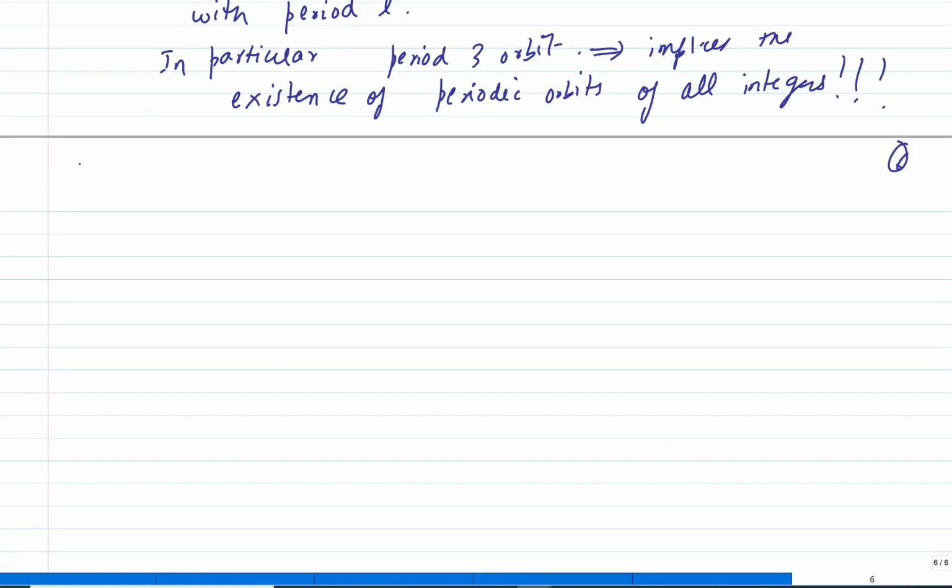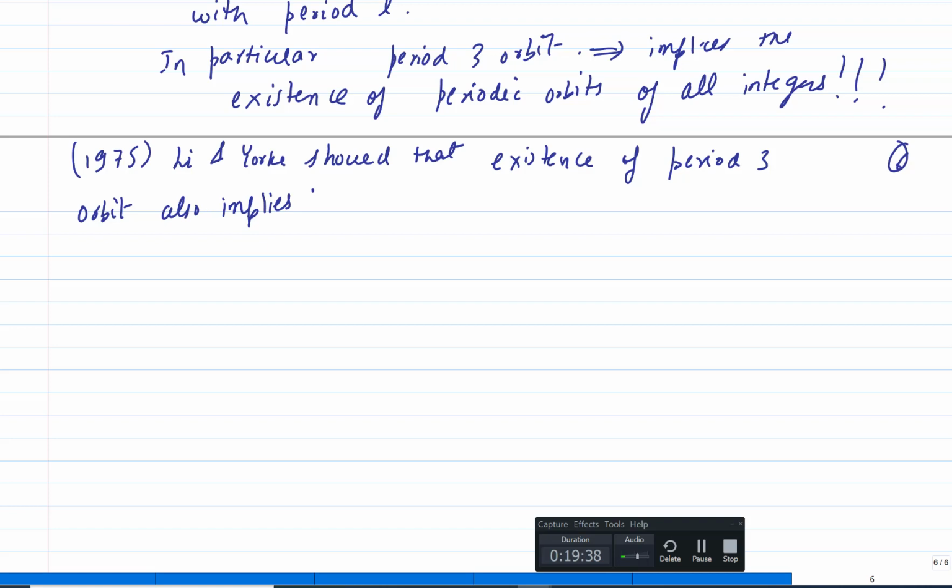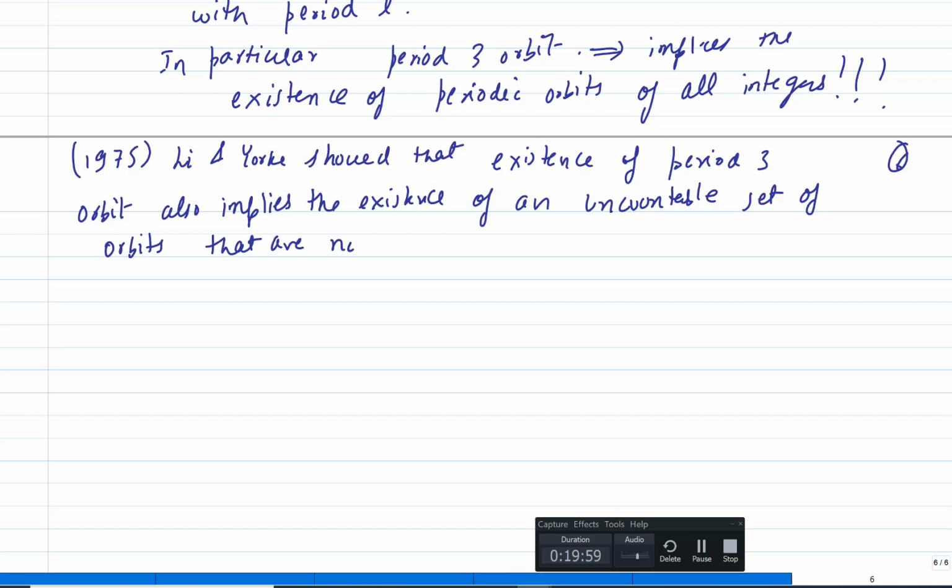This remarkable result is not limited to that. In 1975, Li and Yorke showed that the existence of a period 3 orbit also implies the existence of an uncountable set of orbits that are not periodic.